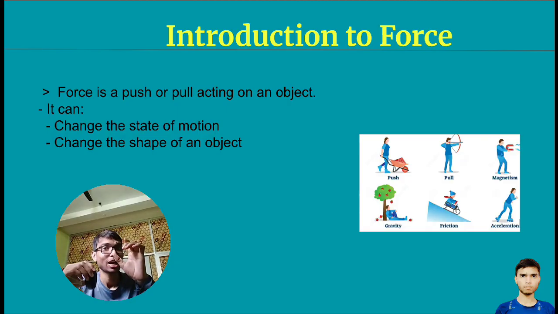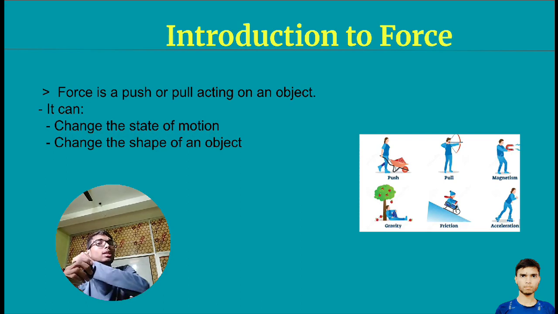If there is an object which is moving, now if we apply force, then what will happen? Either we can stop the moving object, or we can accelerate the moving object. Yes, these two things can happen. One thing more, we can decrease the speed of a moving object, or we can increase the speed of a moving object.